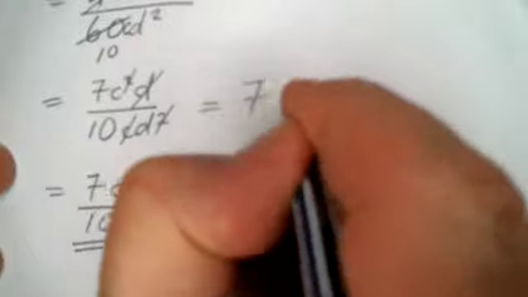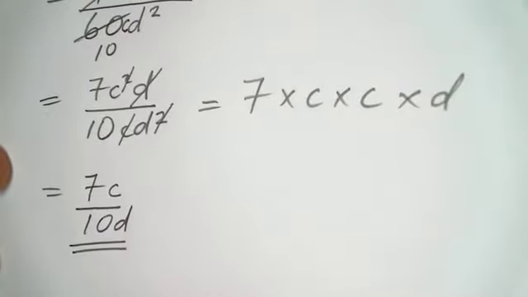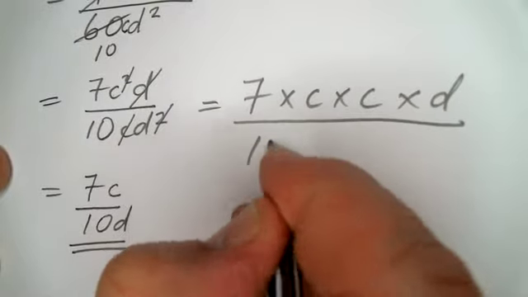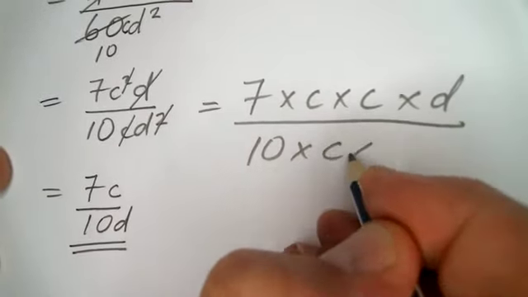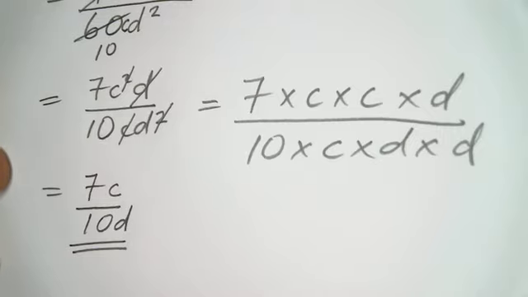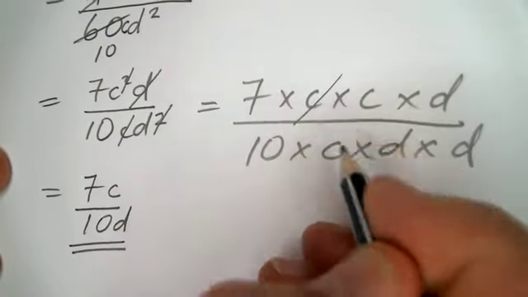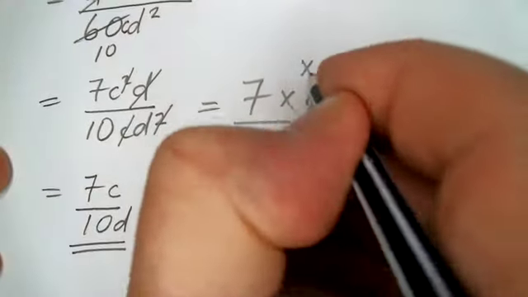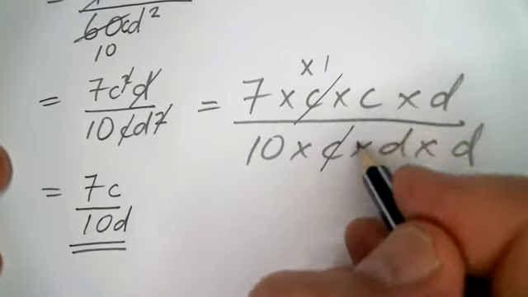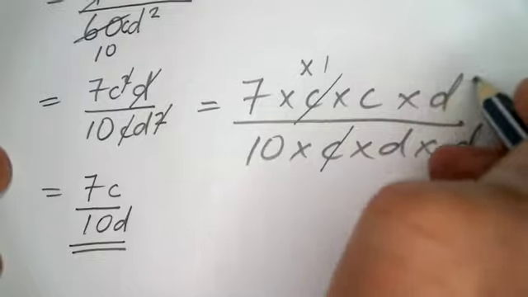Now, if you're not quite sure of how I did this bit, you could have written this 7 times c times d over 10 times c times d times d. Now, we know that anything divided by itself is 1. So c divided by c is 1. I can put times 1. We've got nothing else to divide that c by, but I've got a d and a d.